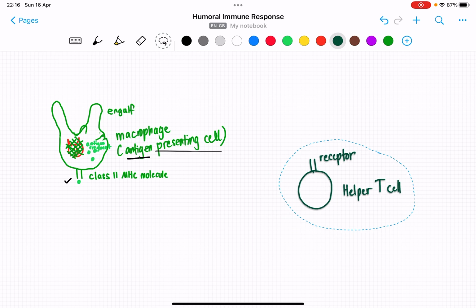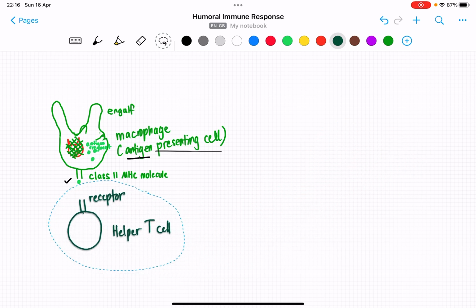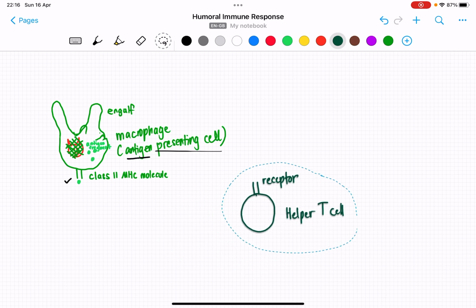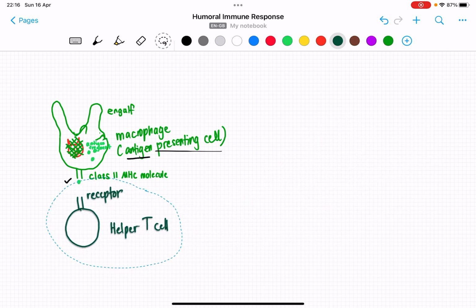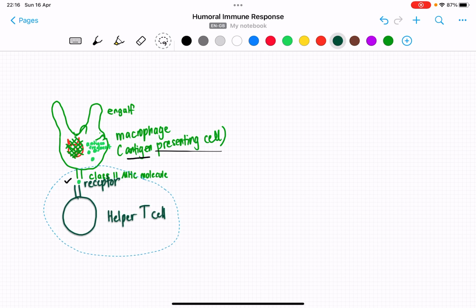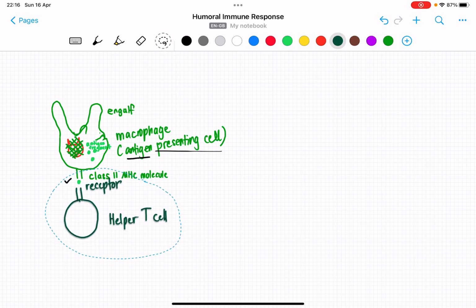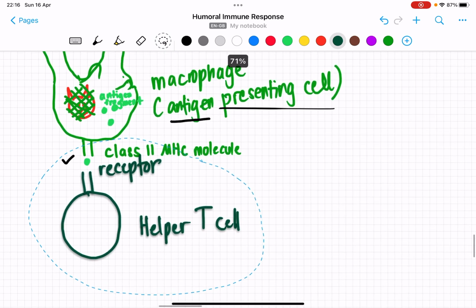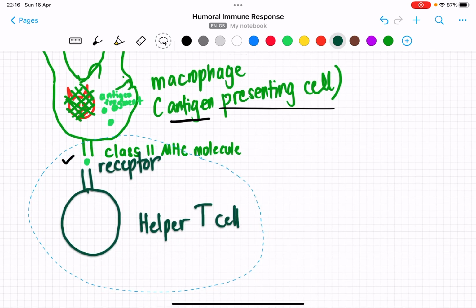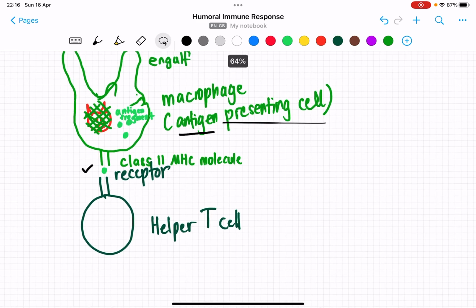So, the helper T cell receptor will bind to the class 2 MHC molecule displaying the antigen fragment on its surface. Both of them are going to bind. Zooming in, it's going to bind exactly at the antigen fragment. This binding will activate the macrophage.